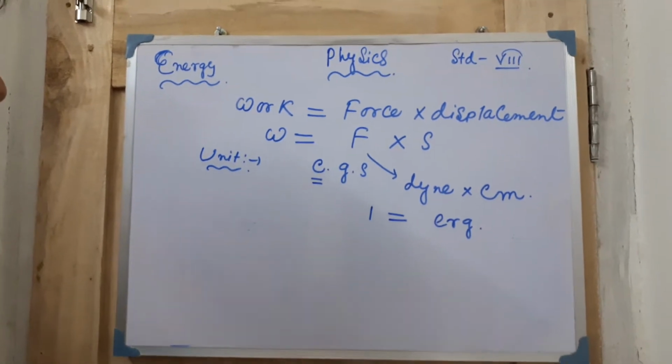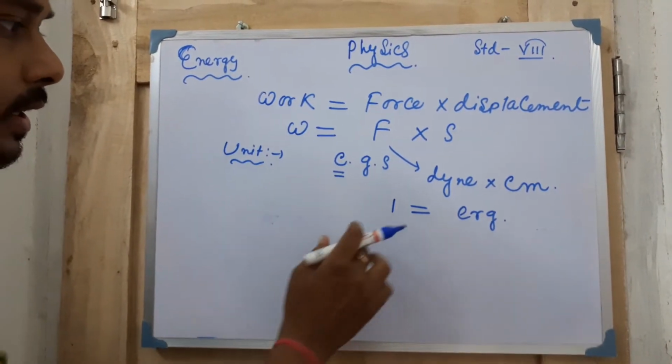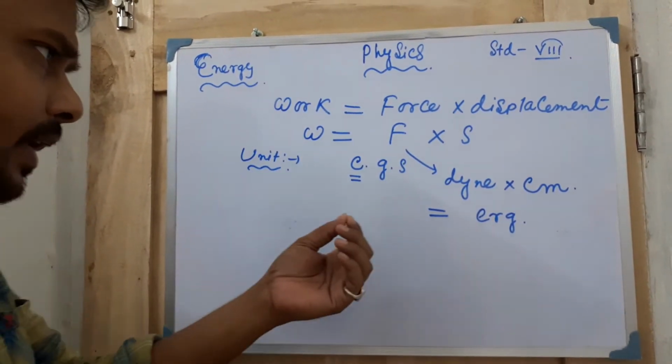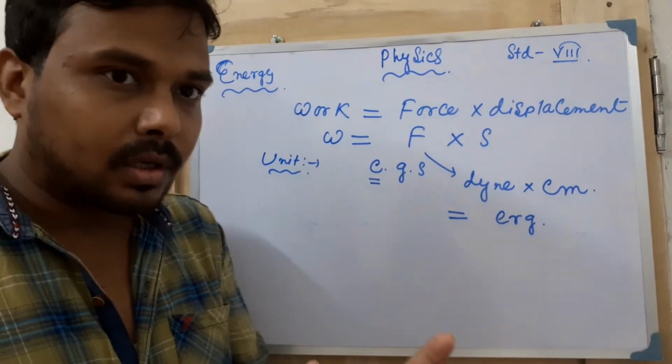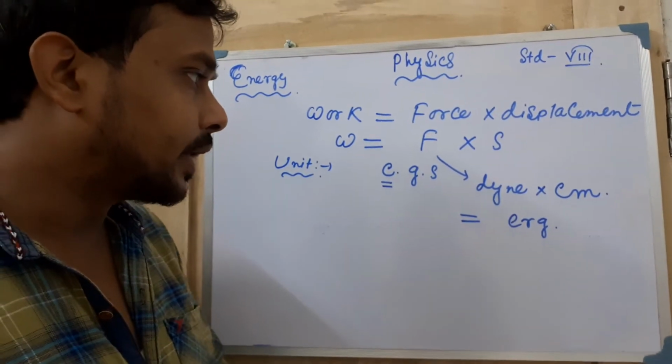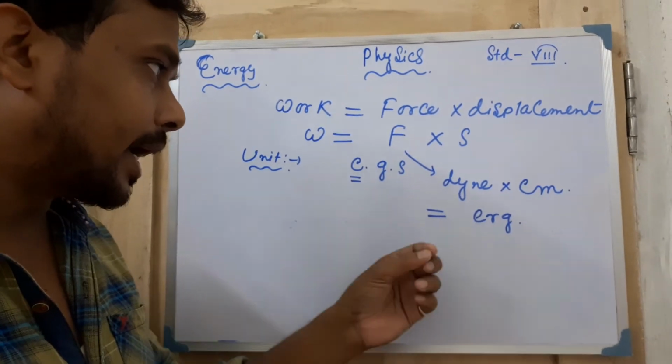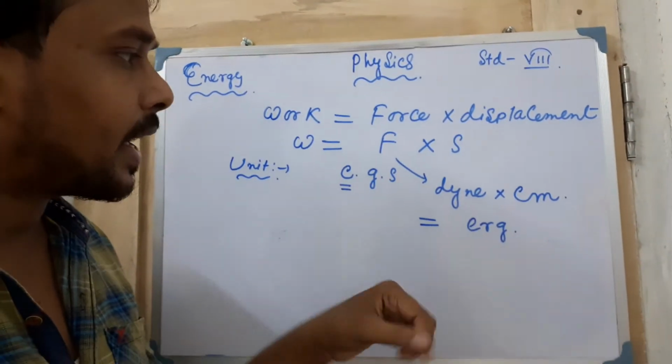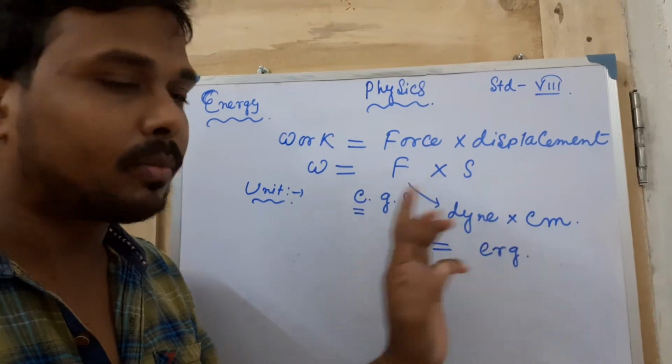Now, if you want to define what one erg is, to do one erg of work, what is required? You need one dyne of force, and you have to give a displacement of 1 centimeter.